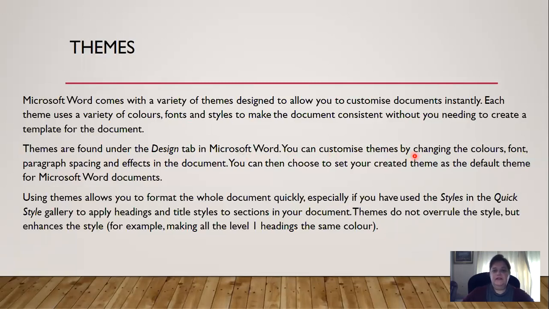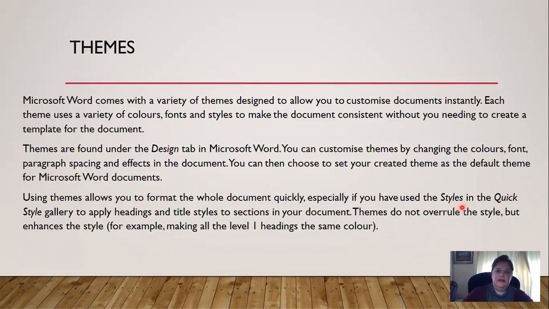You can customize themes by changing the colors, the fonts, the paragraph spacing, and the effects in the document. You can choose to set your created theme as a default theme for Microsoft Word. So all you have to do is go and set it as default. Using themes allows you to format the whole document quickly, especially if you use styles.